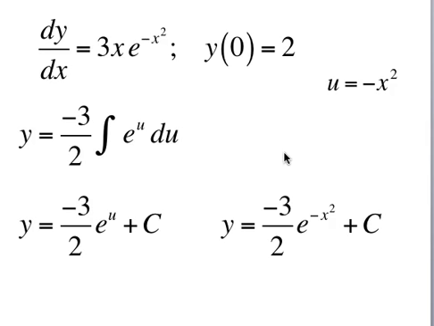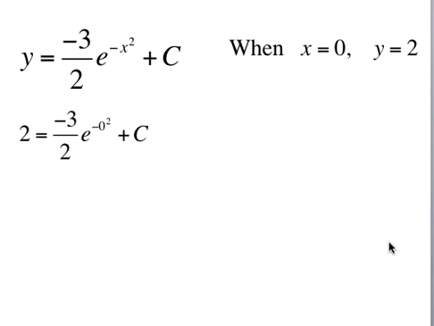But we're not quite finished here because we have this initial value. When x is 0, y is 2. So we're going to need to use that to solve for that constant. We're going to plug the 0 in for x, the 2 in for y, and use that to solve for c. So y becomes 2, x becomes 0.